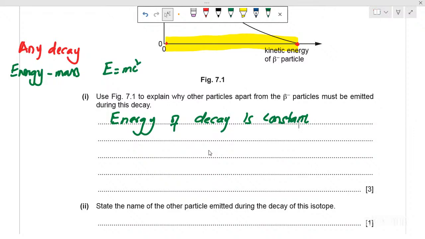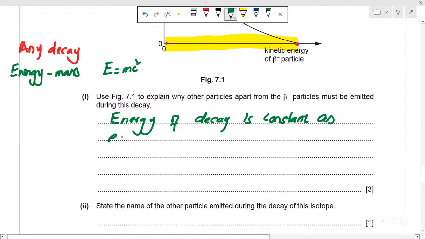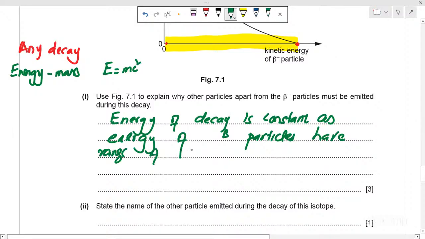So the energy of beta particles has a continuous range of values, as that graph shows. Beta particles have a range of kinetic energy.